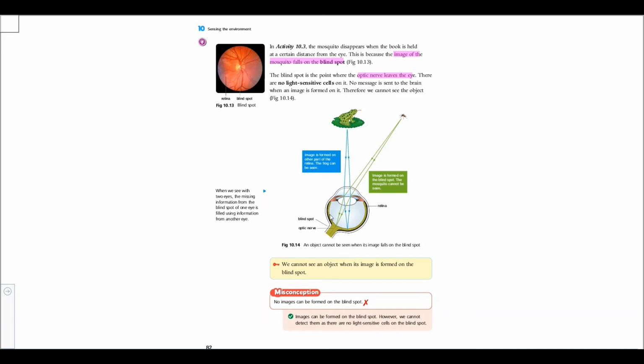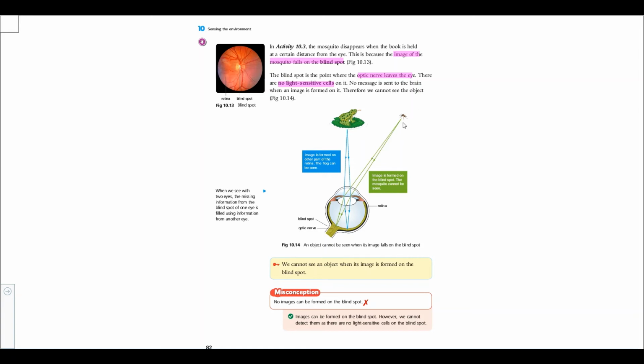So there must be a point where it leaves the eyeball and goes to the brain, and at this point there are no light sensitive cells. You know light sensitive cells are used to detect the light, right? So if you don't have these cells here, it cannot detect the light.